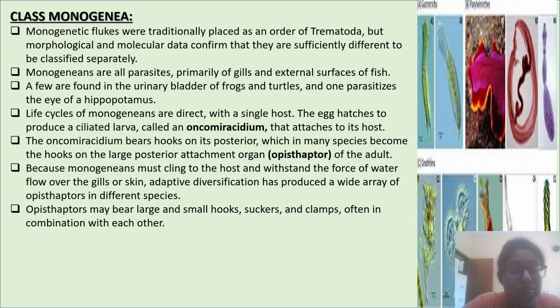The Oncomiracidium bears hooks at its posterior, which in many species become the hooks on the large posterior attachment organ, the opisthaptor, of the adult.